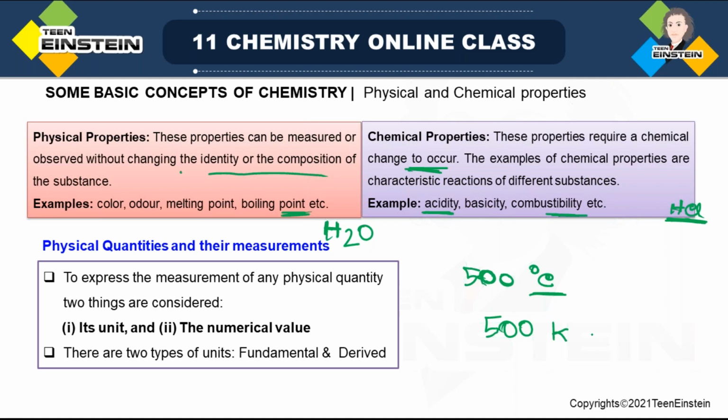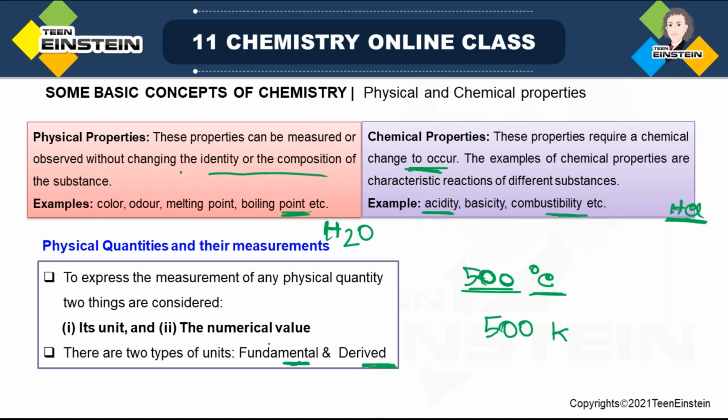So when we are expressing or measuring a physical quantity, we need two things: the unit and the numerical value. Here 500 is the numerical value, but without a unit it has no meaning. And similarly, if you simply say the unit, that also doesn't make any sense. You need both of them. Now the unit can be of two types: a fundamental unit or a derived unit.